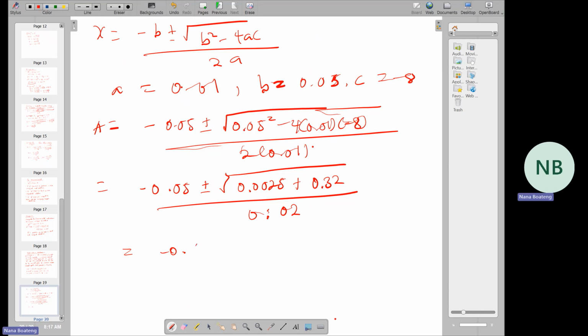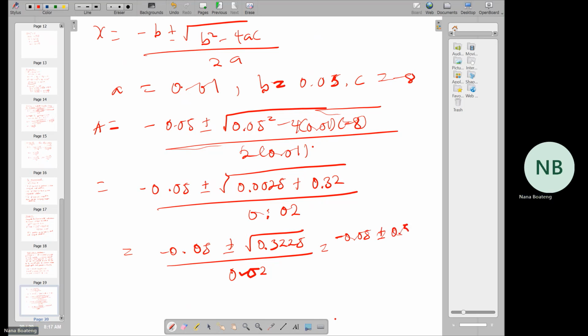All right, so we have a is equal to negative 0.05 plus or minus square root of 0.3225, divided by 0.02, and this gives us negative 0.05 plus or minus 0.568, divided by 0.02.